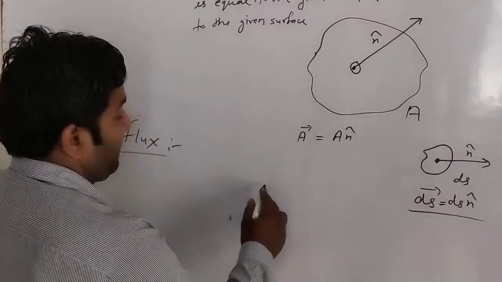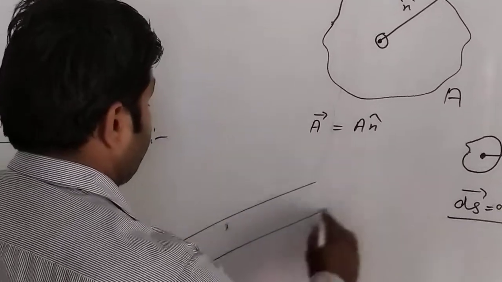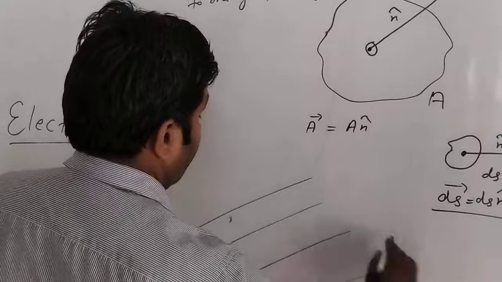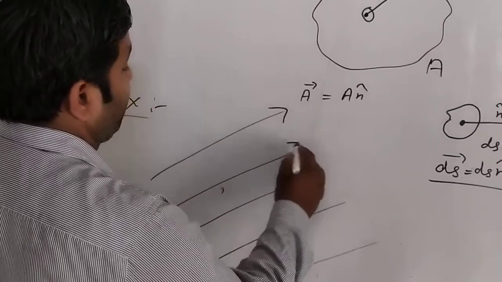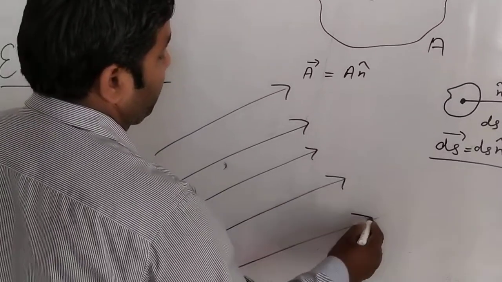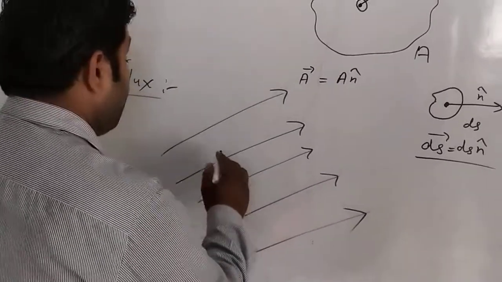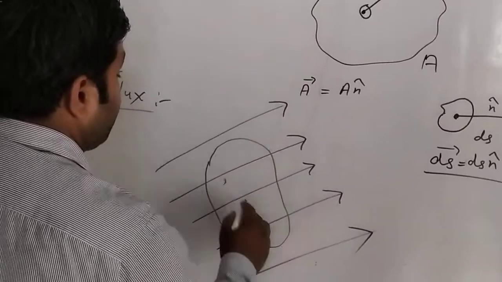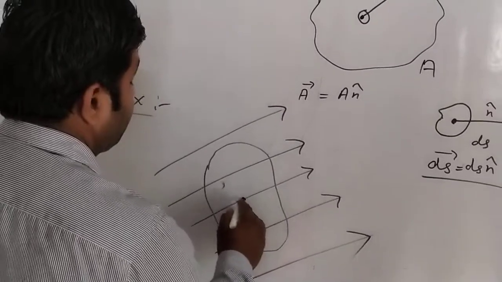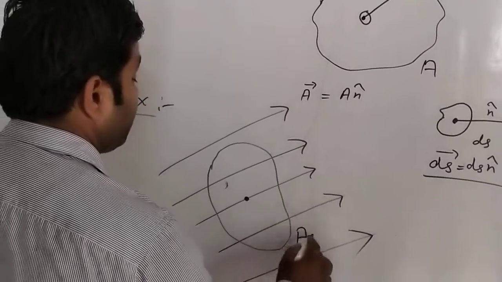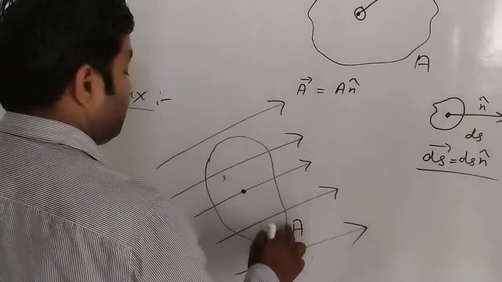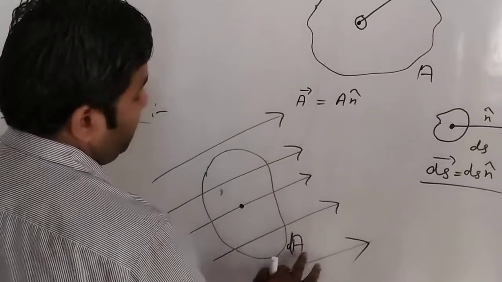Suppose here the electric field lines are uniform. Parallel lines mean a uniform electric field, and the area is given as A or dA, a small area, so dA is taken here.